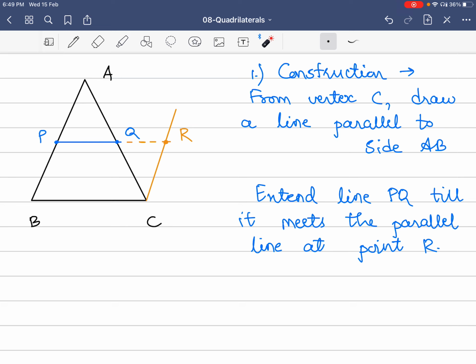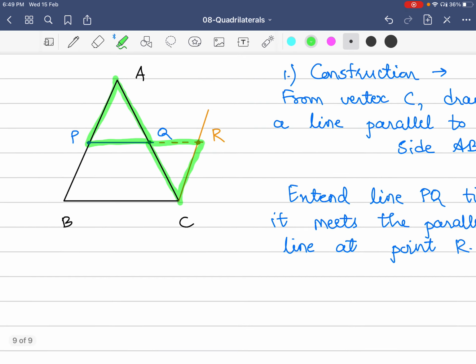Now our focus is going to be on these two triangles. I'm going to use a highlighter. So this triangle APQ, and this triangle CRQ. These are the two triangles that we are going to focus on. So now let's come here.